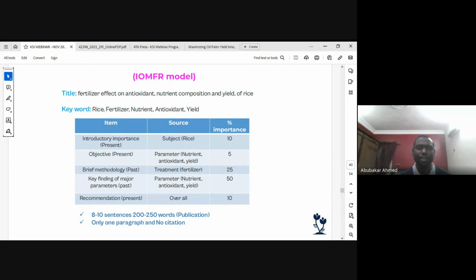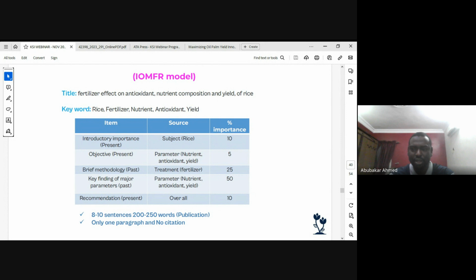For example, let me give a similar case. If you want to see the impact of climatic variables on rice, we know that the geographical settings and the geographical conditions of Lagos are particularly different from the geographical conditions in Maiduguri or in Yobe State.